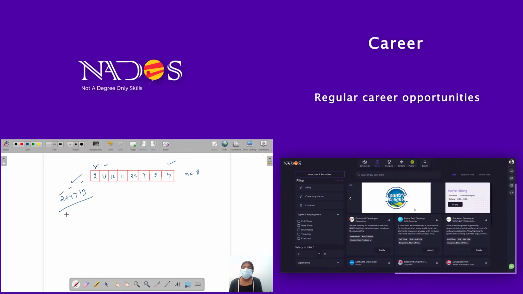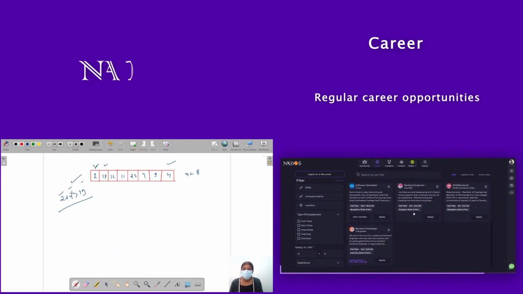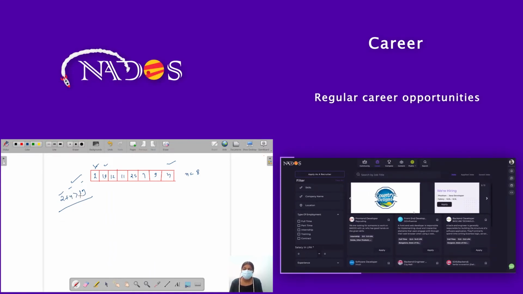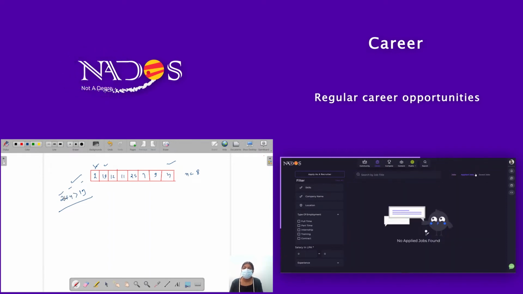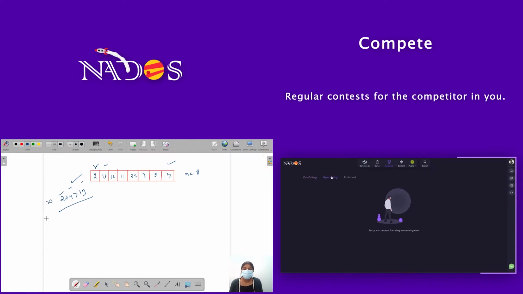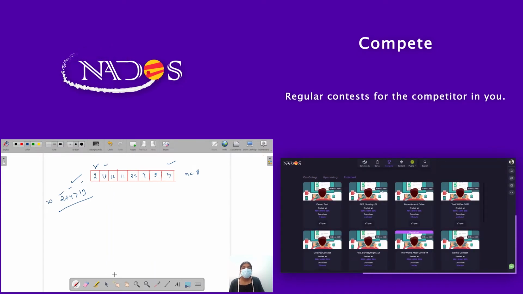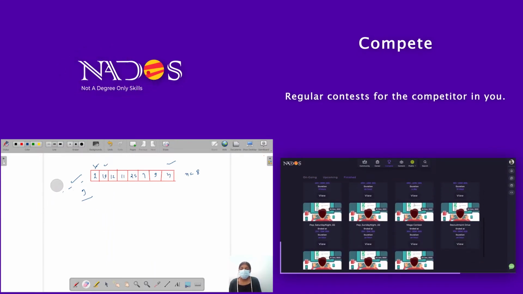So here 2 plus 4 is not greater than 19, so I discard this combination. These numbers are not going to form any triangle.